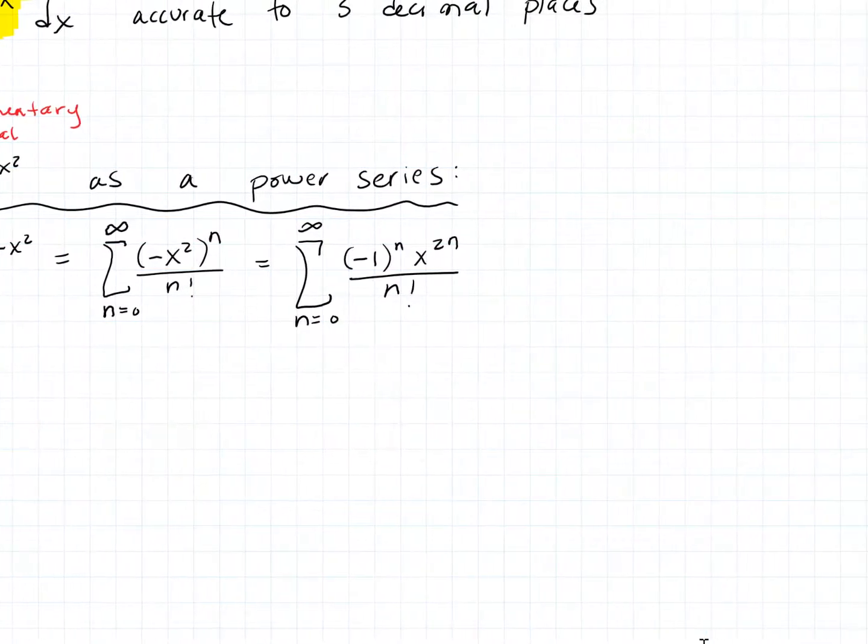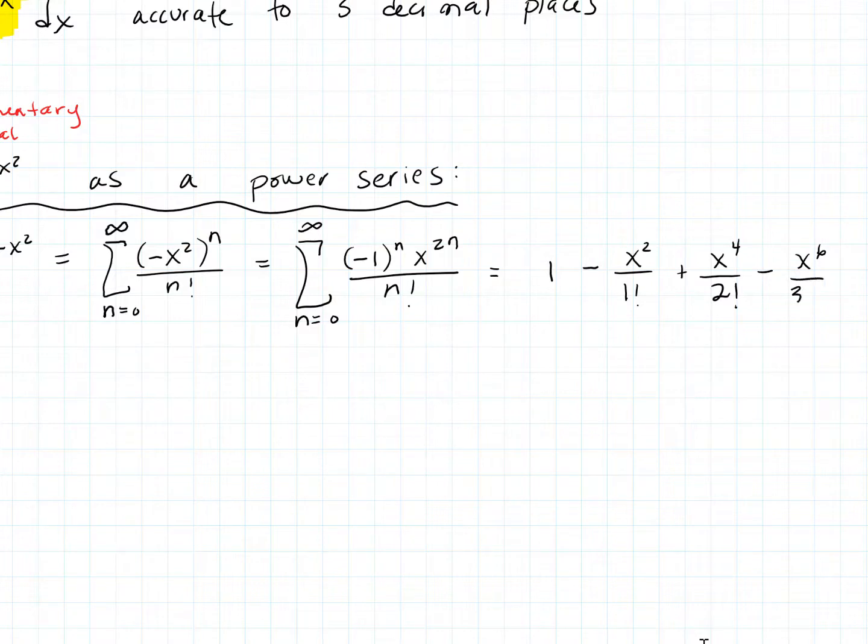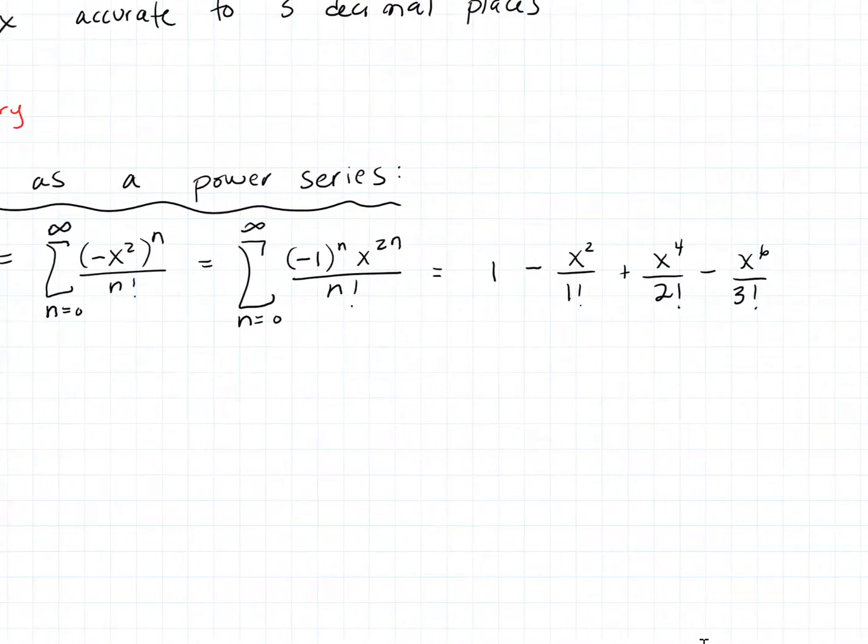I'll just remind you, that is a polynomial. So if n equals 0, the first term is going to be 1, and then it's going to be minus x squared over 1 factorial plus x to the 4th over 2 factorial minus x to the 6th over 3 factorial, and so on and so forth.